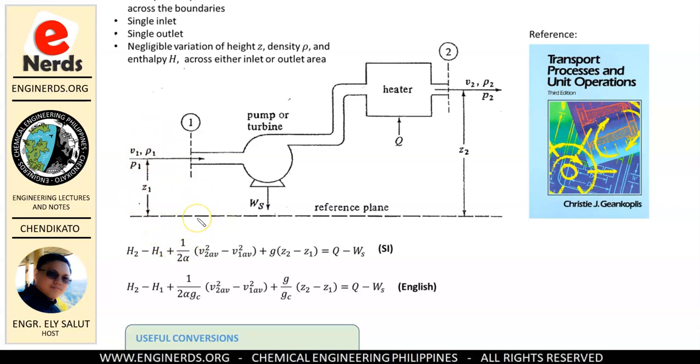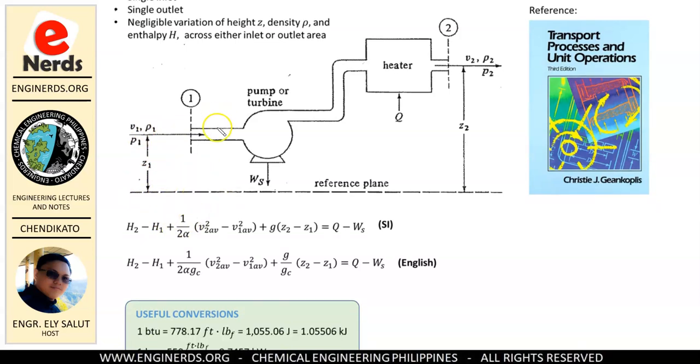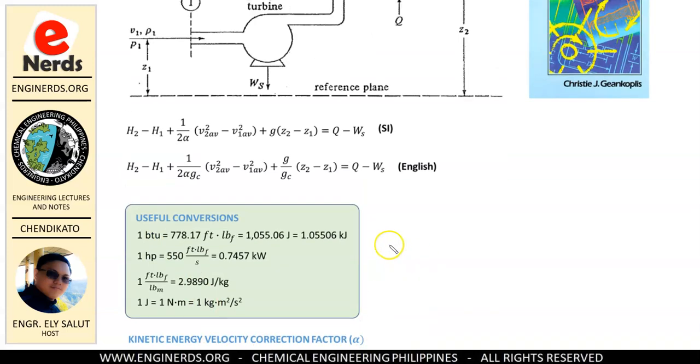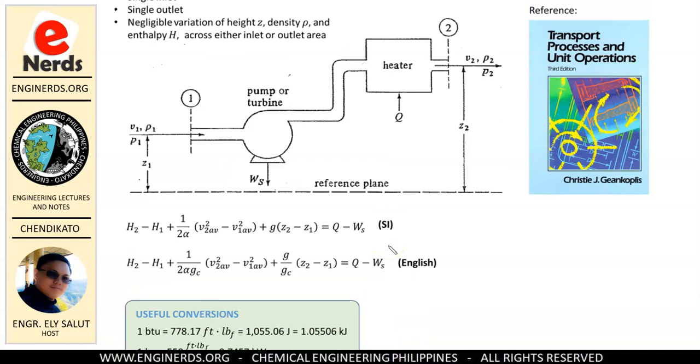So, tignan natin itong ating equation. So, we have here, okay, the difference of the enthalpy from the point 2 and point 1. So, we have enthalpy on point 2 minus the enthalpy of point 1. Plus 1 over 2 alpha. Okay? Itong alpha natin dito is what we call the kinetic energy velocity correction factor. Okay? So, we will be discussing that later on. And then, we have here V2 squared minus V1 squared.